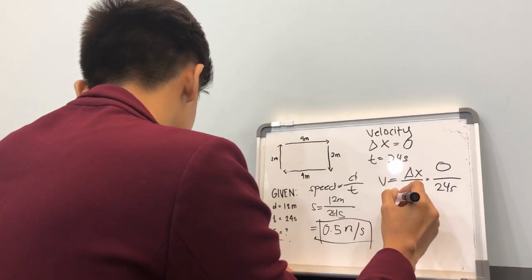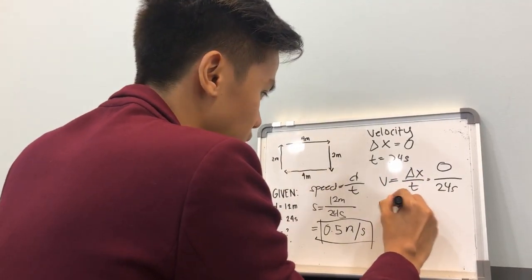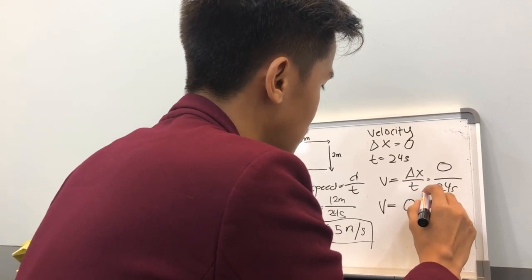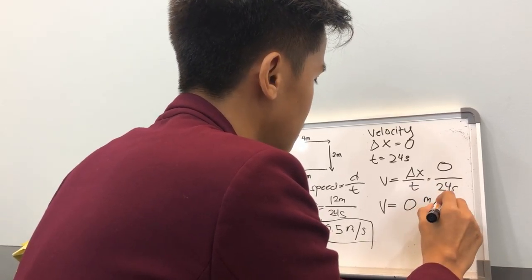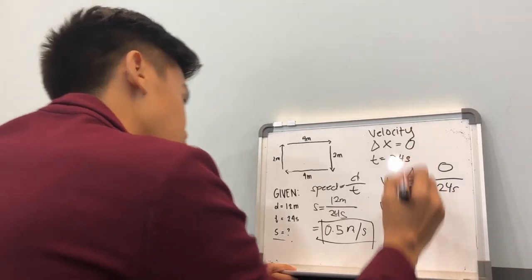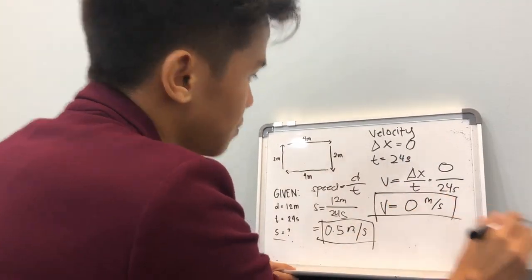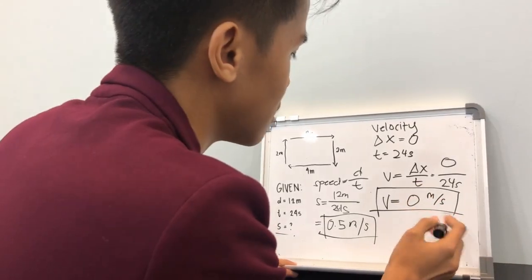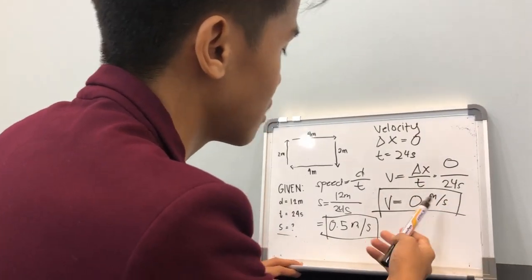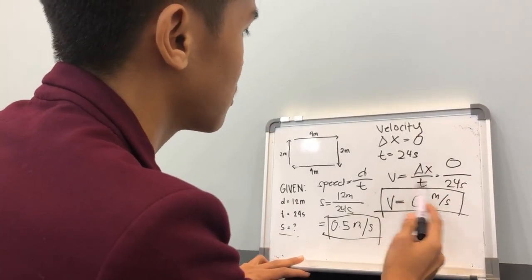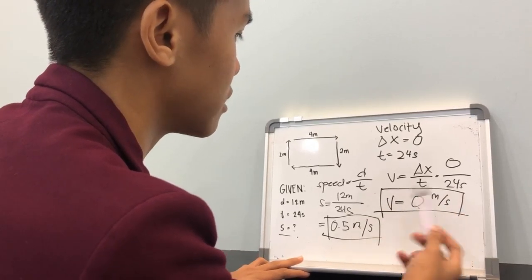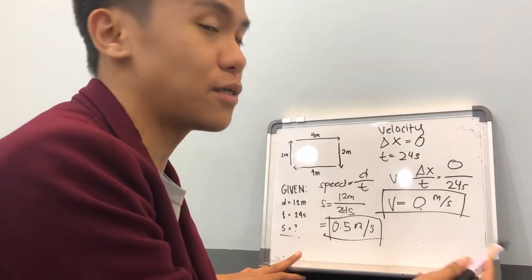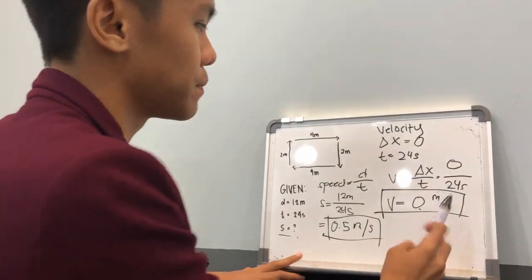Then the velocity is 0 meters per second. And this is consistent because there's no change in position, therefore there's no velocity. And so that's it for our example number 3.